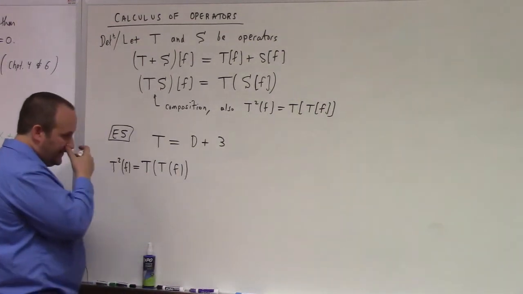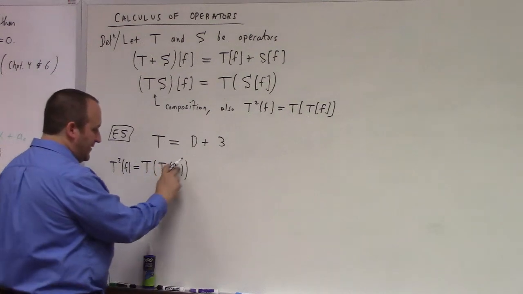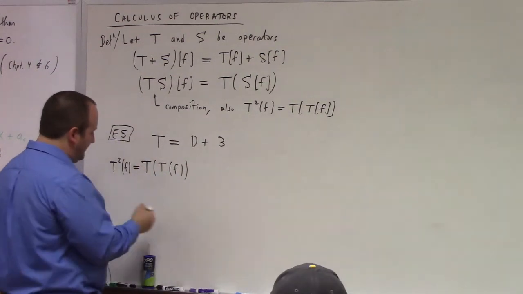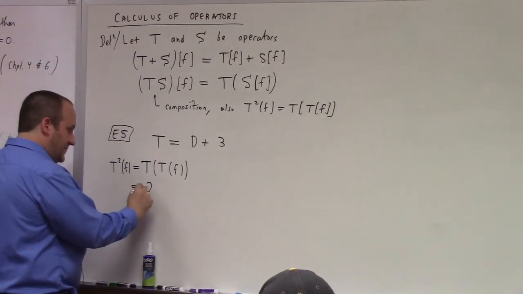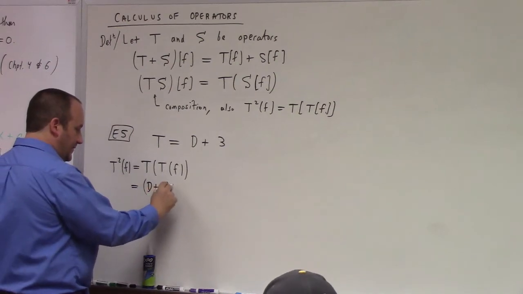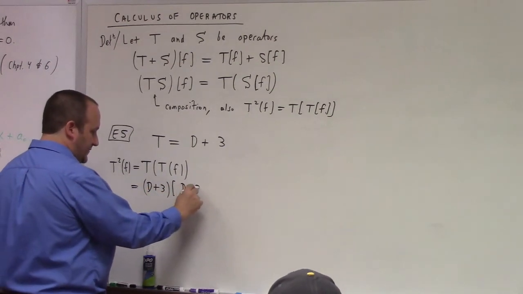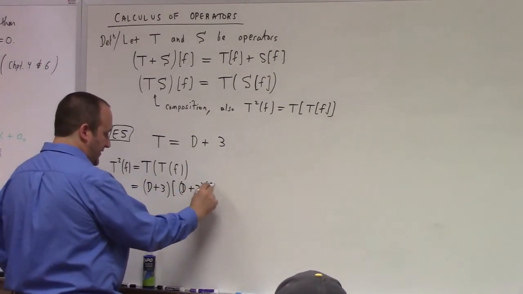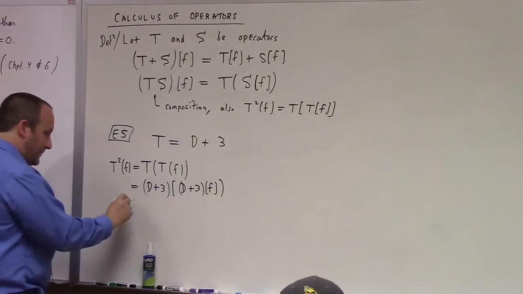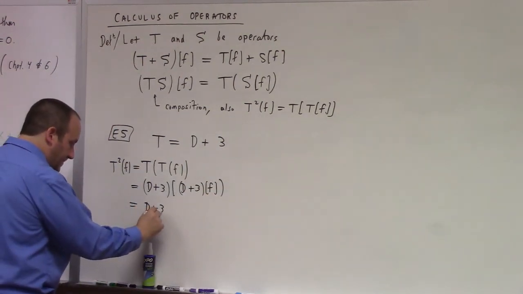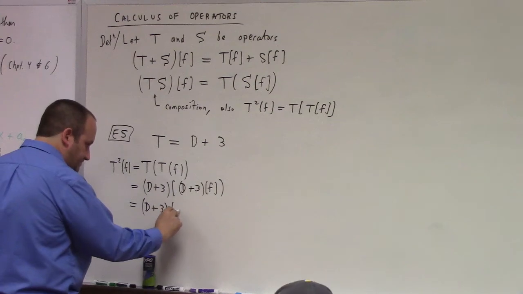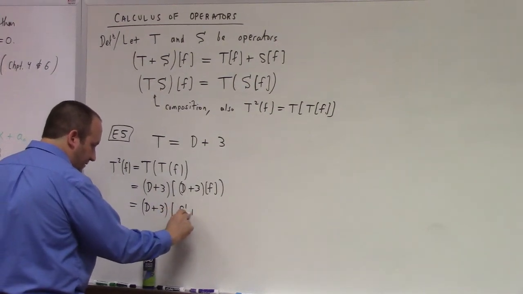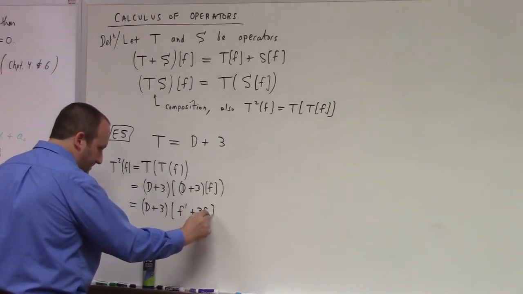Let me not do F. Well, yeah, I better do F. Fine. So this is D plus 3 on D plus 3 of F. So what happens when you differentiate? So this is F prime plus 3 times F, right?